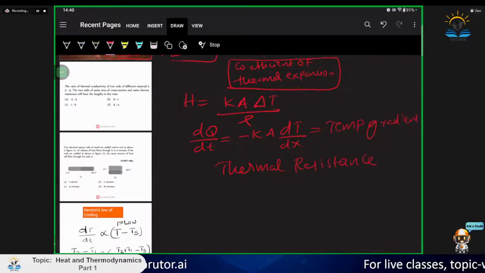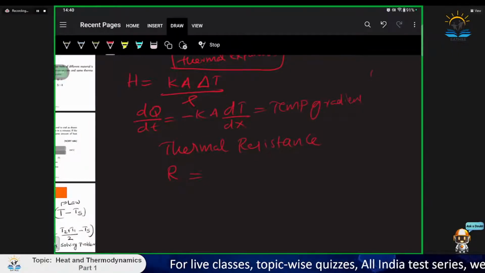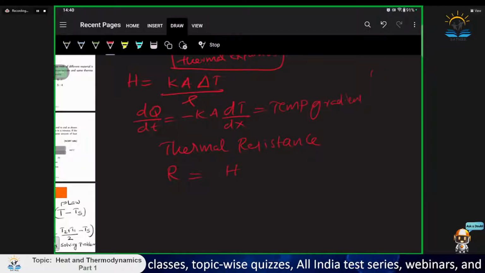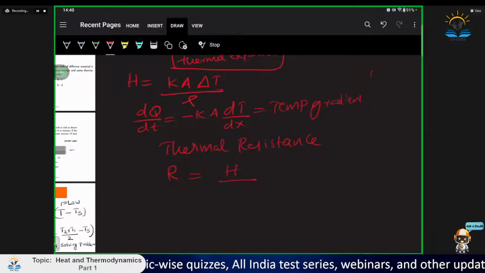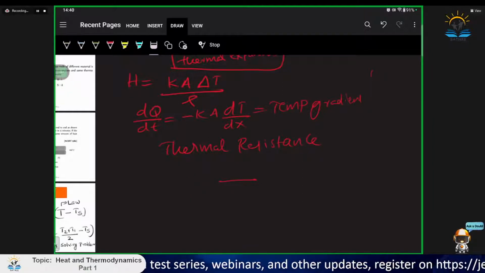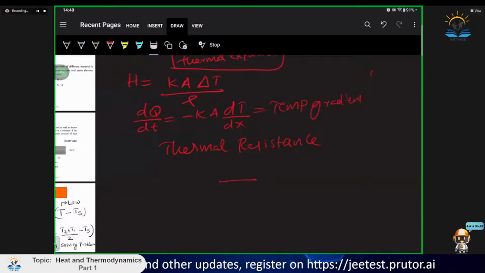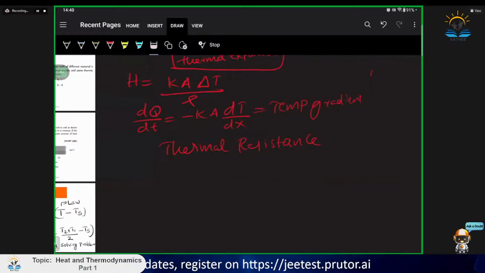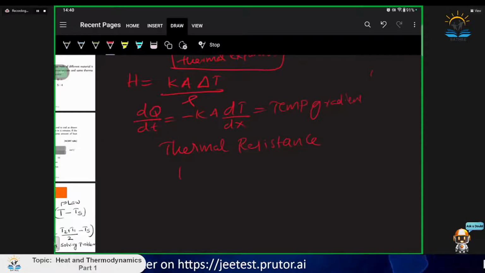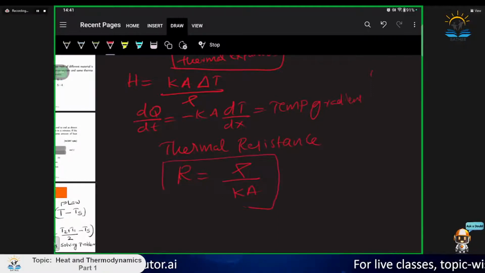Thermal resistance means R. Like thermal resistance, I will write it is L by K A. I will show you how I got that.